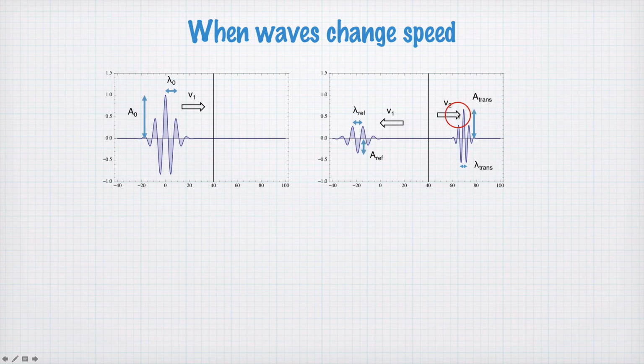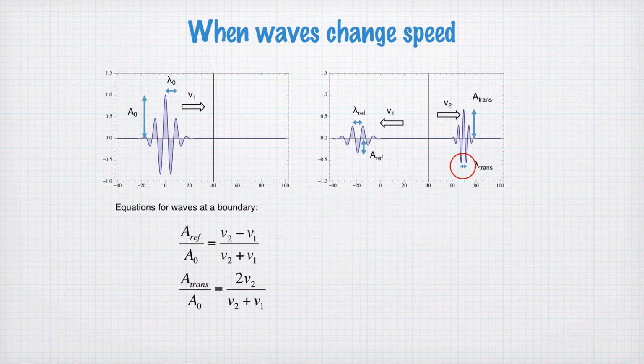On the other side we have v2, a different velocity. We have a transmitted amplitude and a transmitted wavelength. The equations for waves at this boundary go like this. The ratio of the reflected amplitude to the incident amplitude is given by this ratio of the velocities. The ratio of the transmitted amplitude to the incident amplitude is given by this ratio of the velocities.